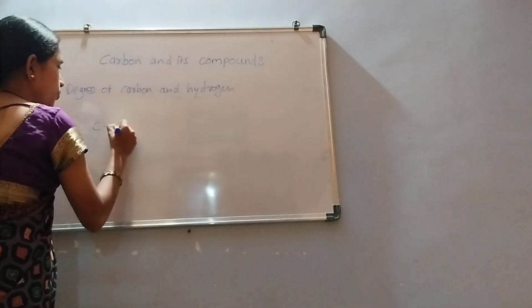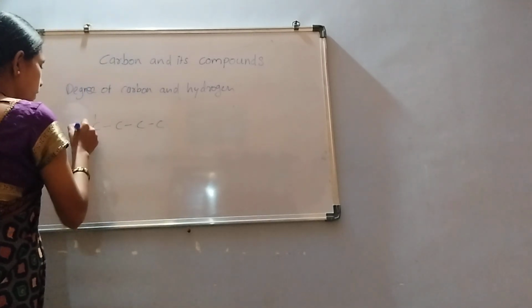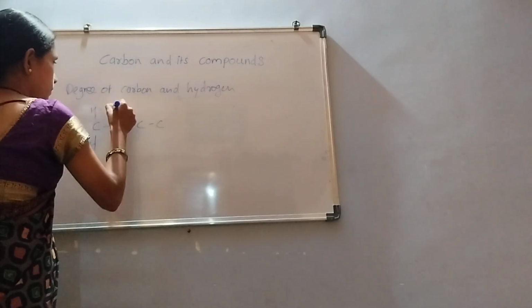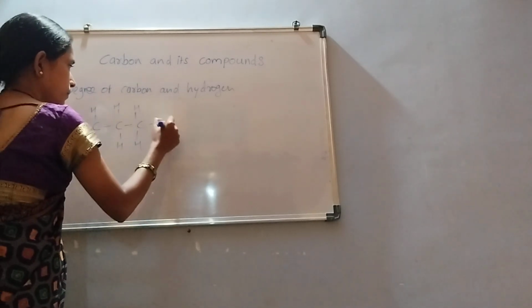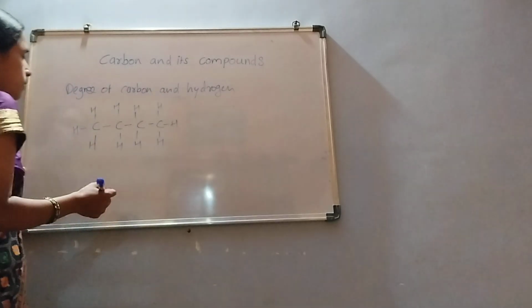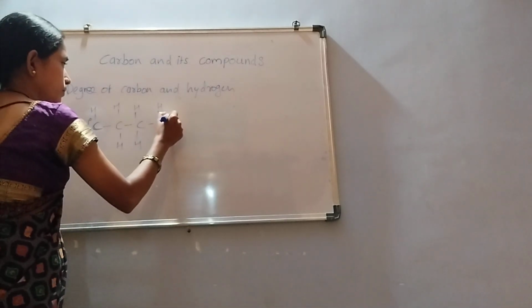Now we will discuss butane. Butane is an alkane having 4 carbons. In this case, end carbons are always primary carbons only.